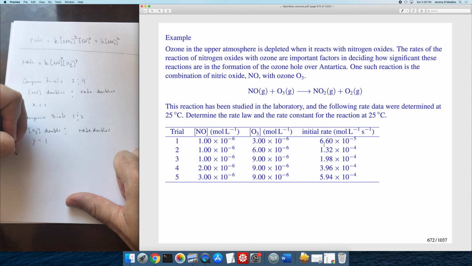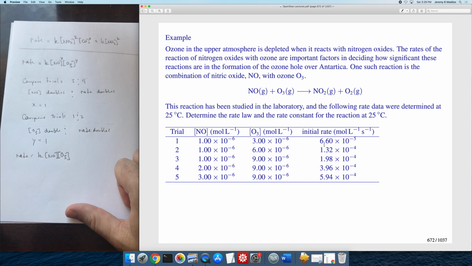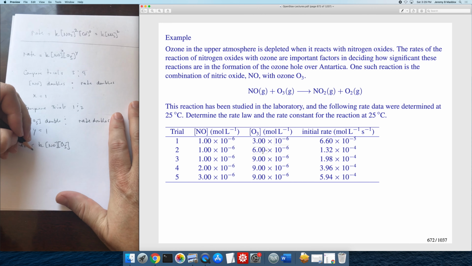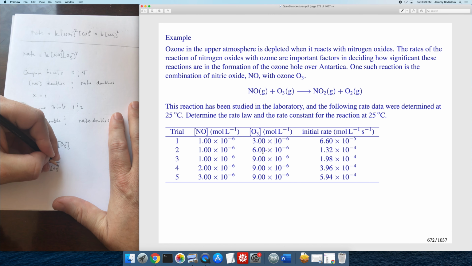So now we know that the rate is equal to k, nitrogen monoxide to the first power, ozone to the first power. To get the value of the rate constant, I can take any trial that I want to, and I just substitute that row into the expression. So k will be equal to the rate divided by NO times the ozone concentration.